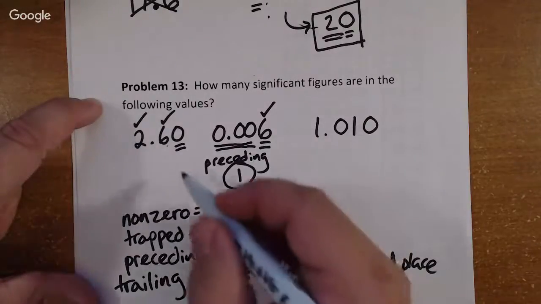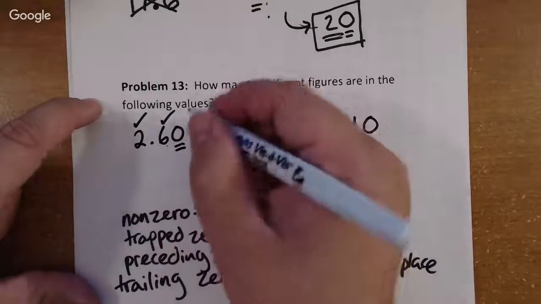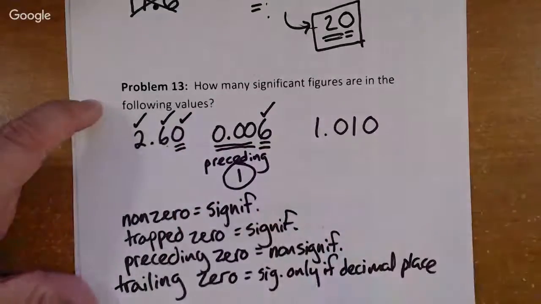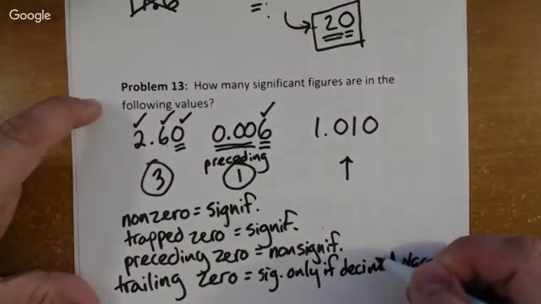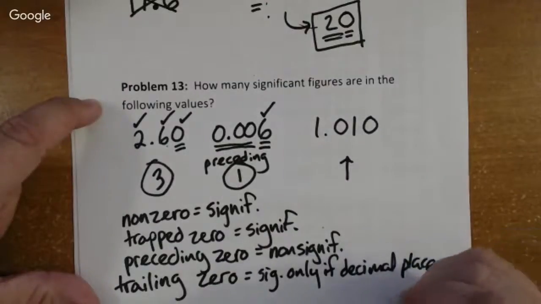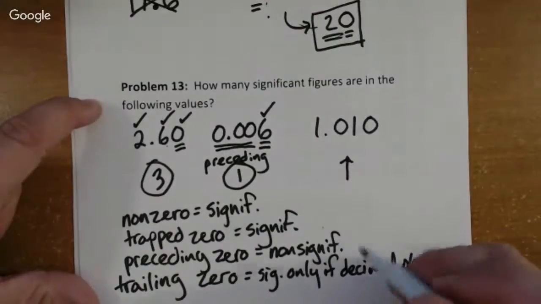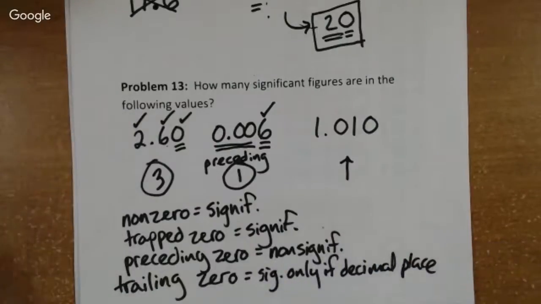Well, there is. It shows up in the number. So that makes that 0 significant: 3 total sig figs. Take a look at this last example and put your vote in the votes list on the number of sig figs that show up in that value. 1.010, how many sig figs total?